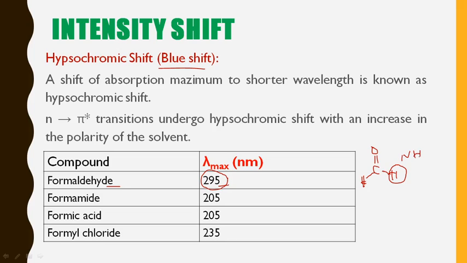Due to the replacement of hydrogen by the NH2 group, you are finding a decrease in the lambda max. Initially it exhibits the lambda max at 295 nanometer. After the conversion, you have a decrease in the lambda max.